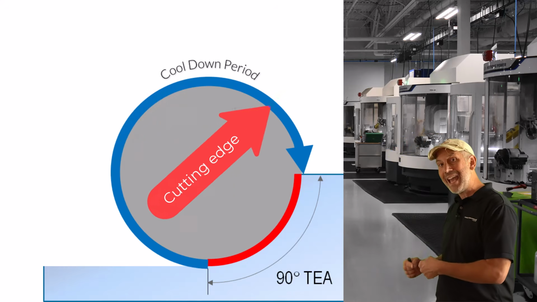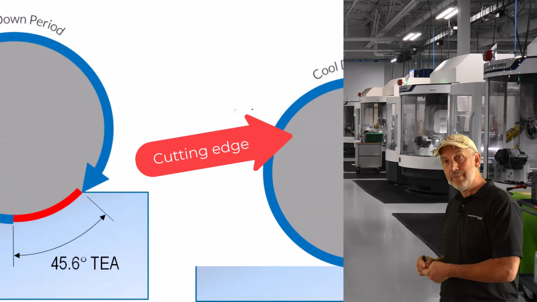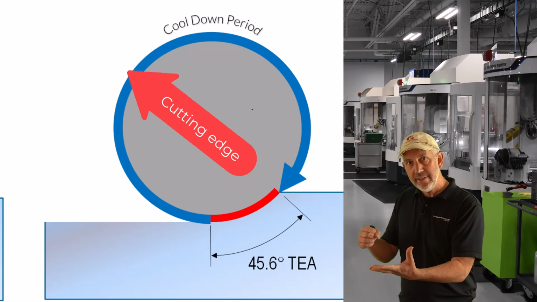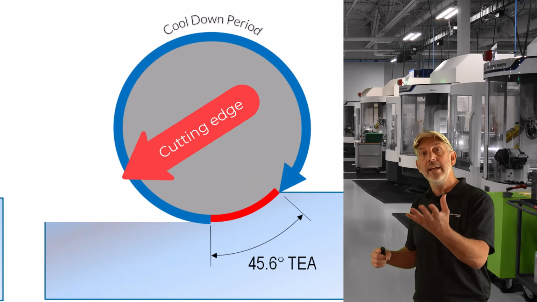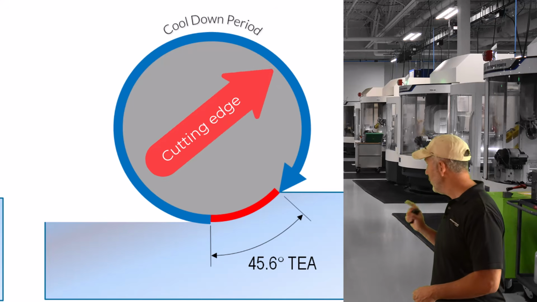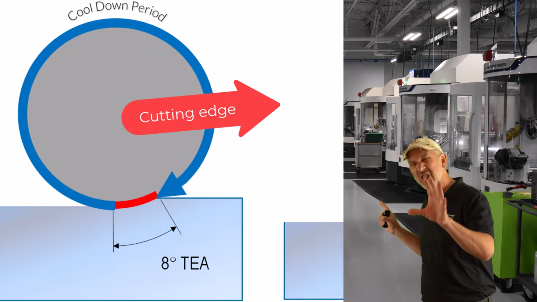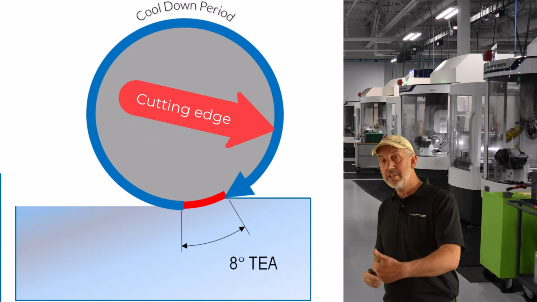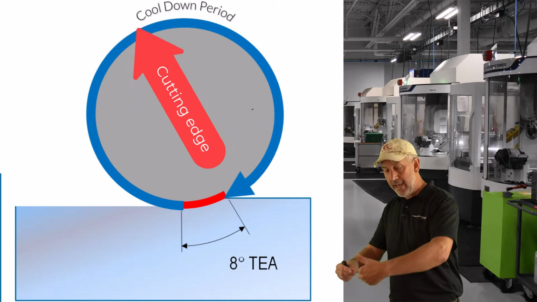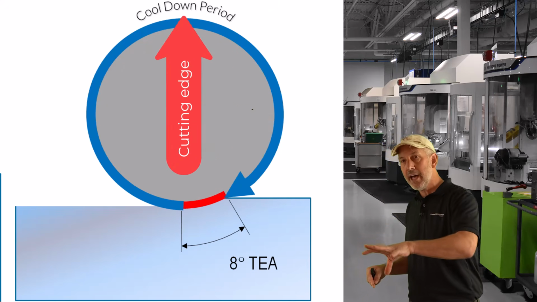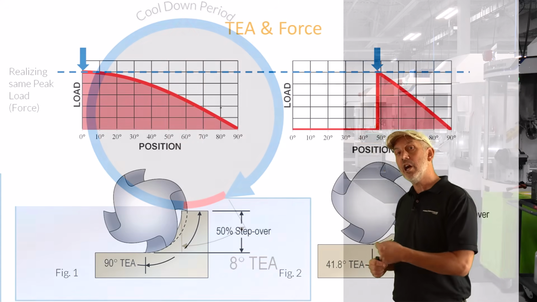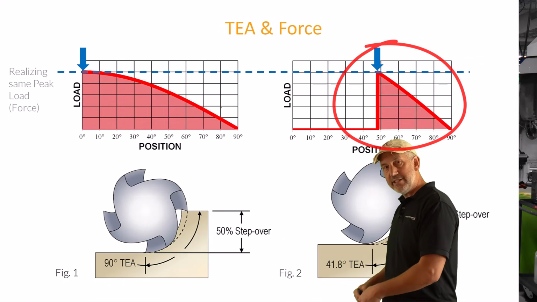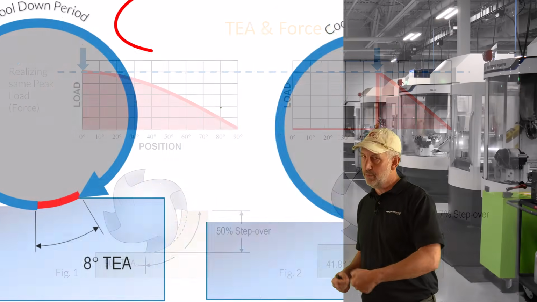So if we start backing off the radial step over, our cutting edge is in the heat zone for less time before it gets out of there. If you take an even lighter radial step over, now you're talking 4, 5, 6% of that cutting tool. The angle of engagement is smaller than the last one, and our cutting edge is in the heat zone for a little bit, and then it's in a cool down, could be coolant, could be running dry.